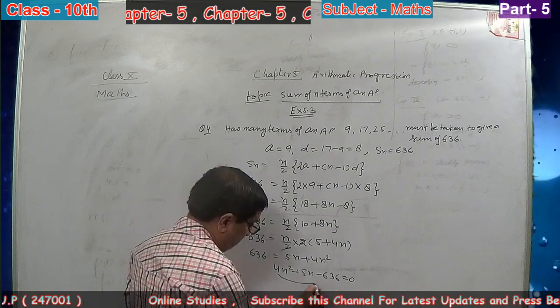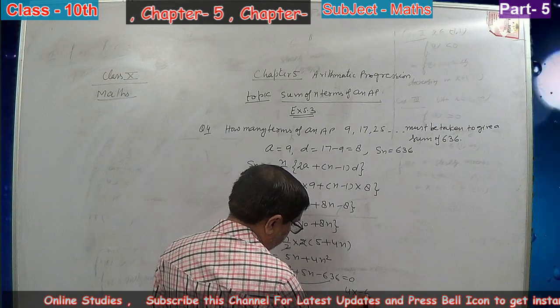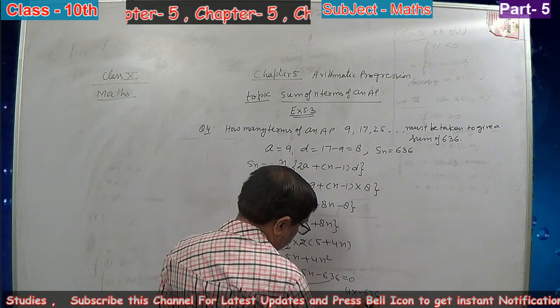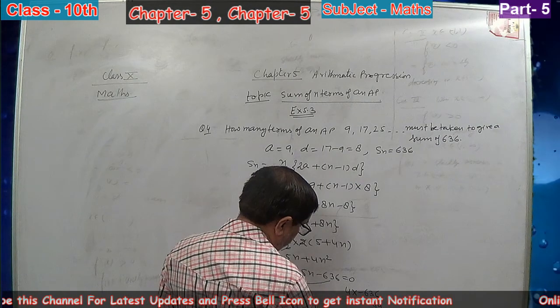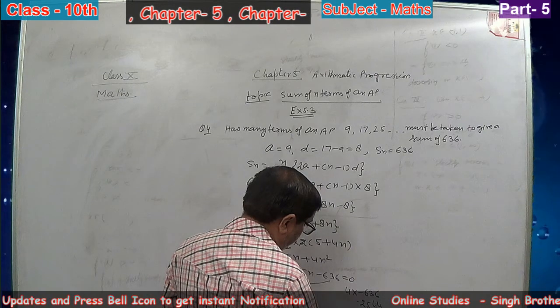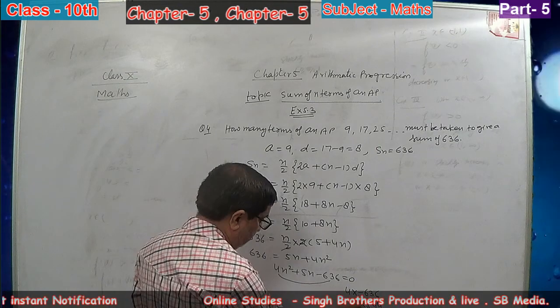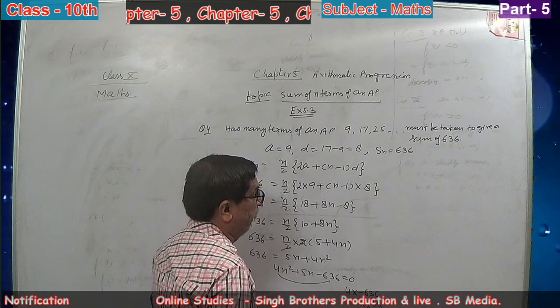Now, 4 into minus 636. We need factors of 4 into 636 with minus sign whose sum is 5.